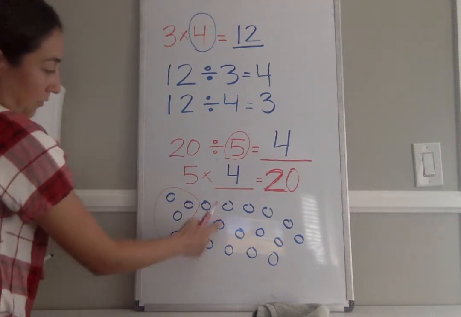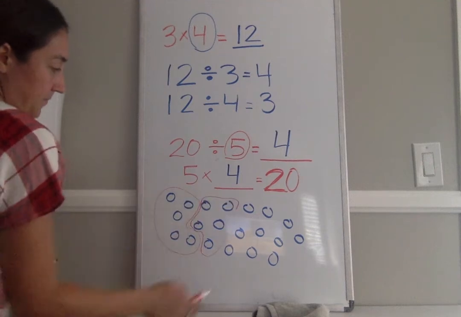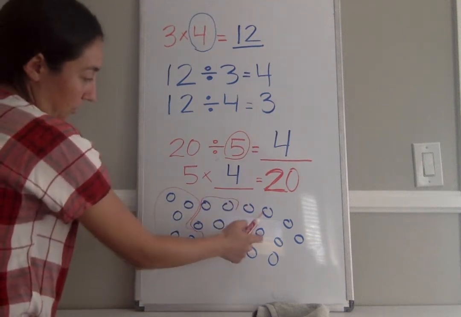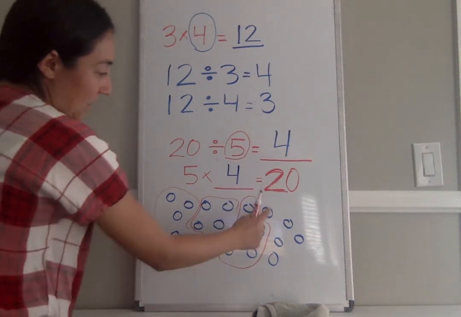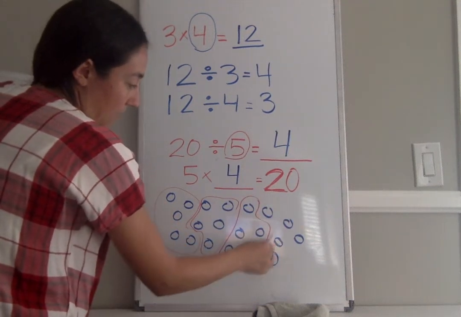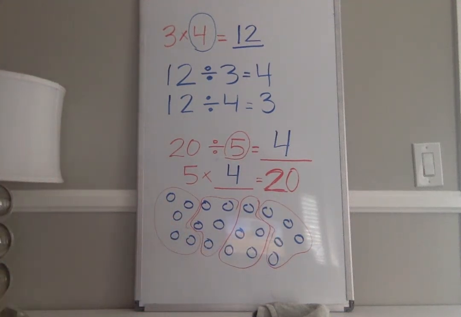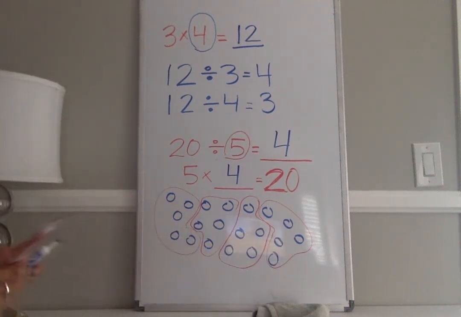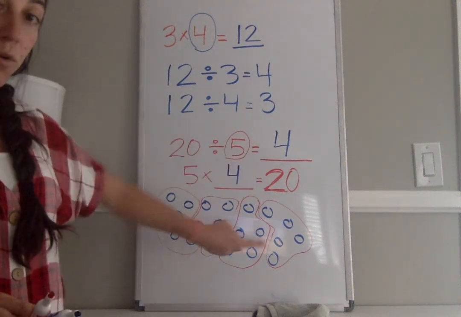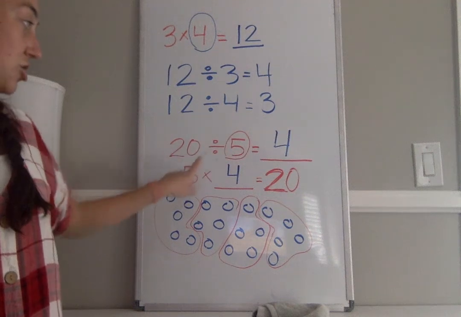Then 1, 2, 3, 4, 5, draw another circle around that, and again 1, 2, 3, 4, 5, and another shape around that, and the last 1, 2, 3, 4, 5 with another one around that. When I count these, I have 4 groups of 5 circles. So again, the answer is still 4 because you have 4 groups with 5 dots in each.